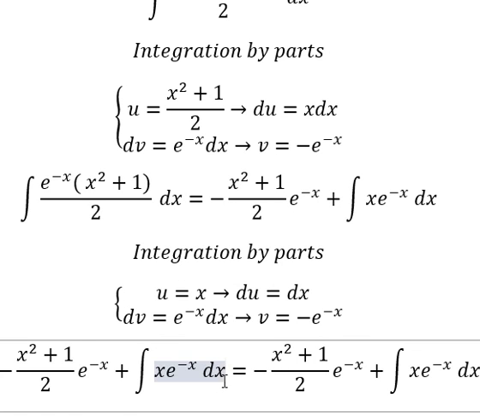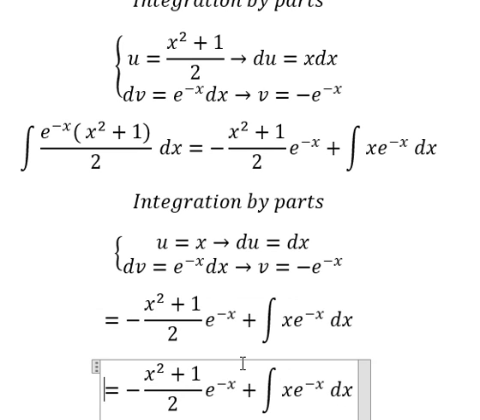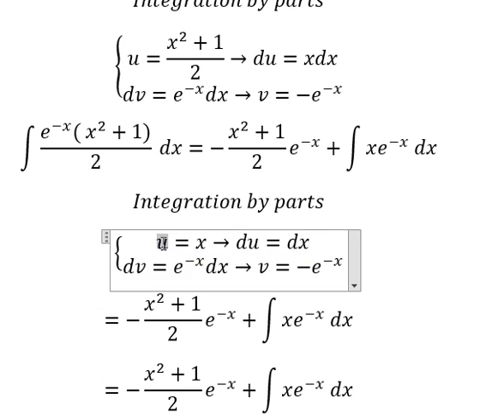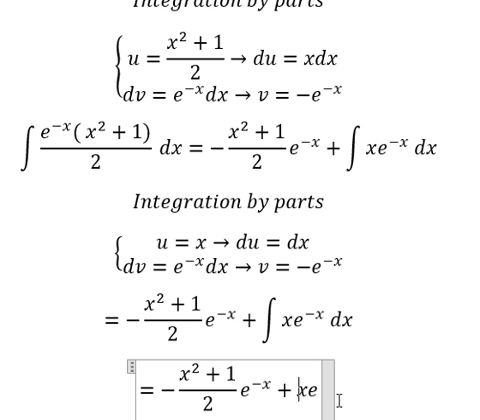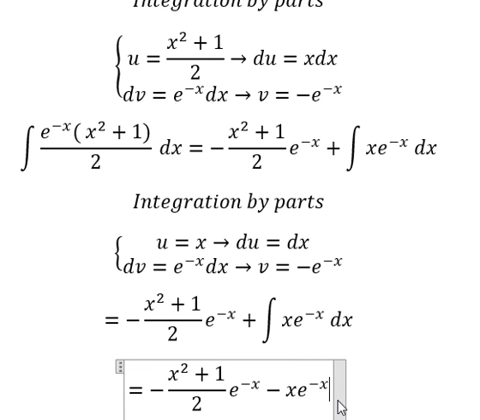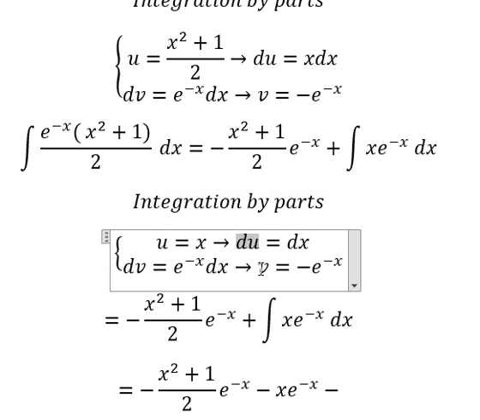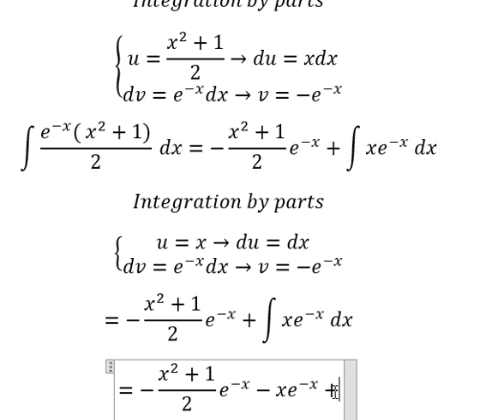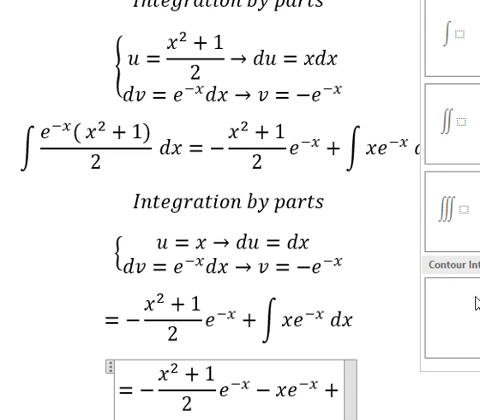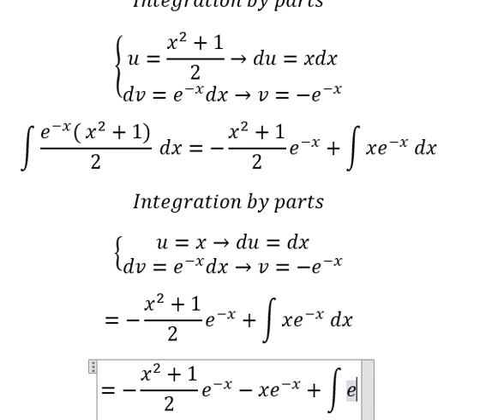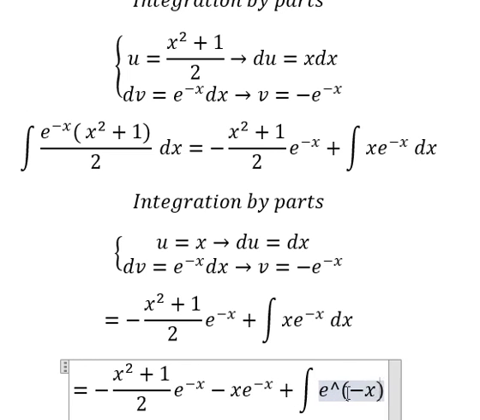So we know that we have u multiplied by v minus, we have u multiplied by v, so negative and negative, we have positive, and now we have the integration of e to the power of negative s ds.